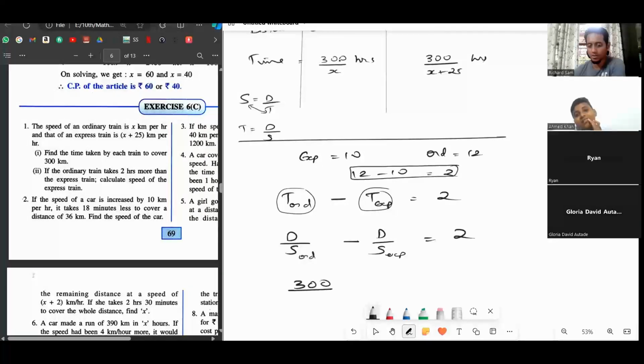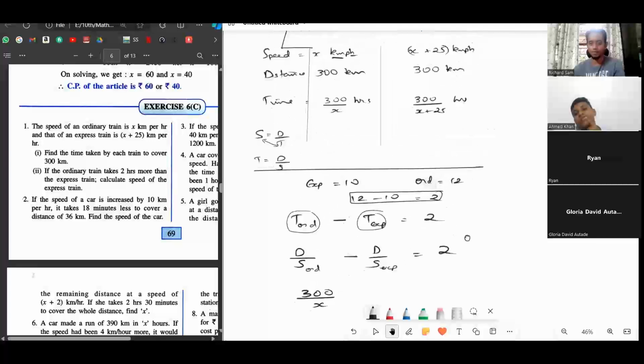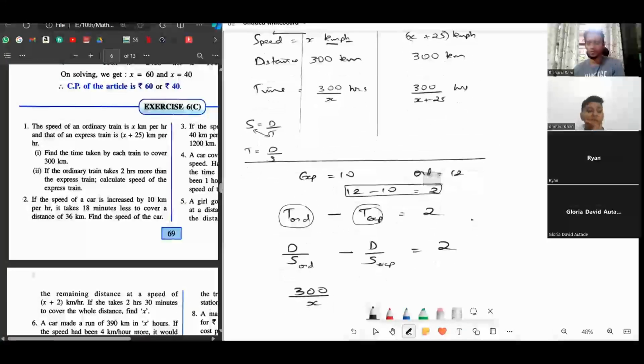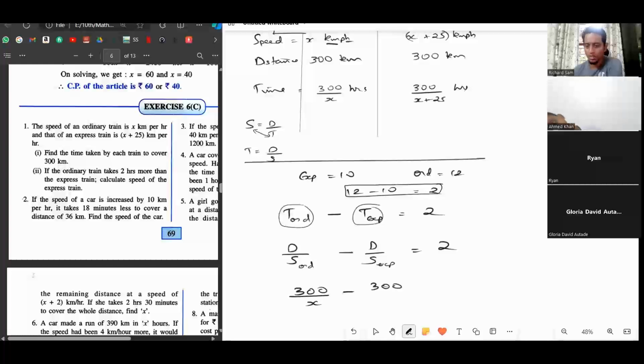That is 300 upon speed of ordinary train, which is x, minus 300 upon x plus 25, is equal to 2. This is your equation.